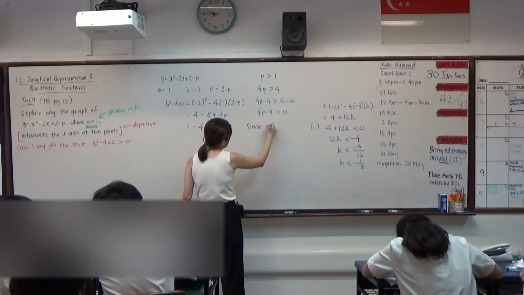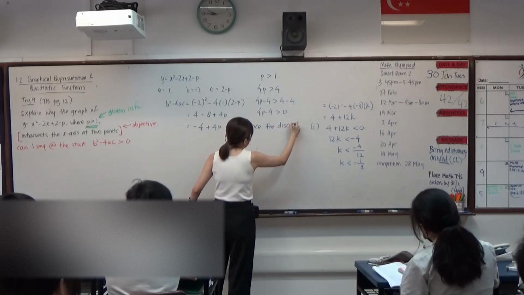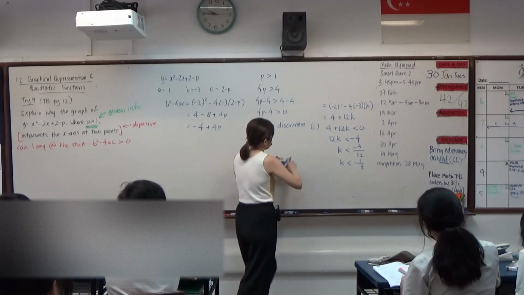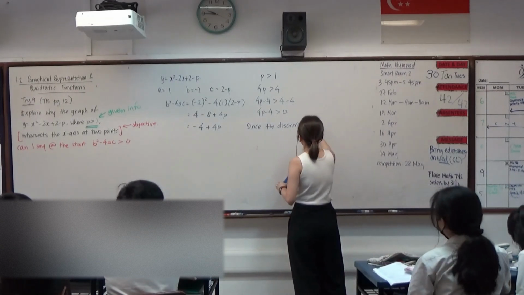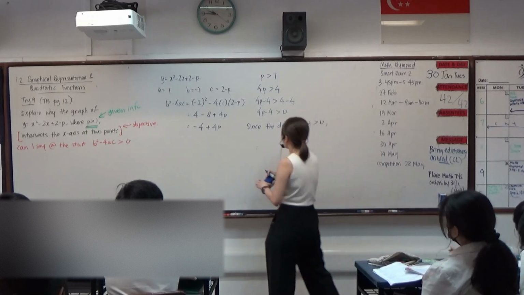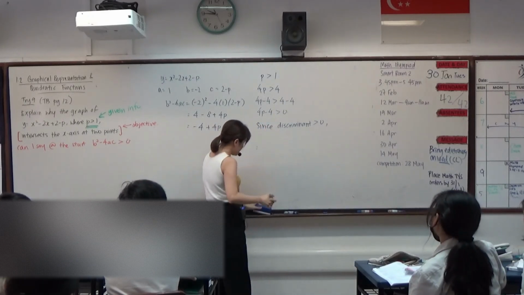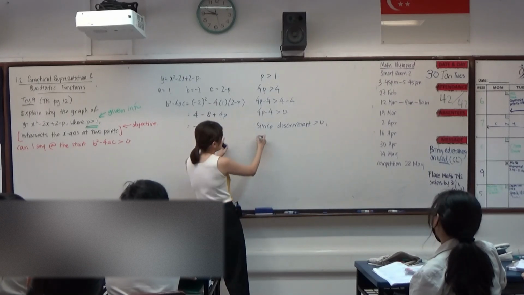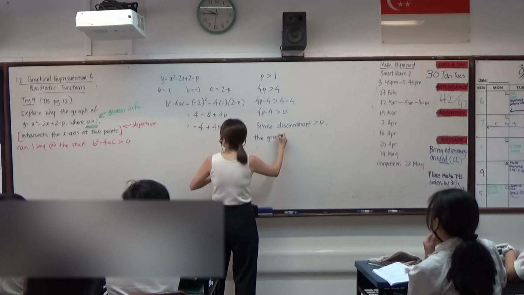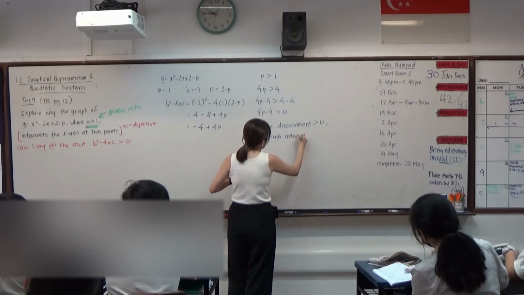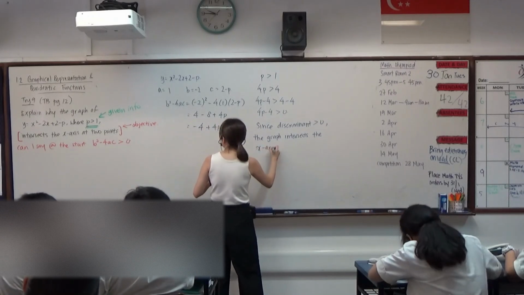So we say that since the discriminant is more than 0, condition 6, discriminant more than 0, as per shown over here, the graph intersects the x-axis at 2 points.